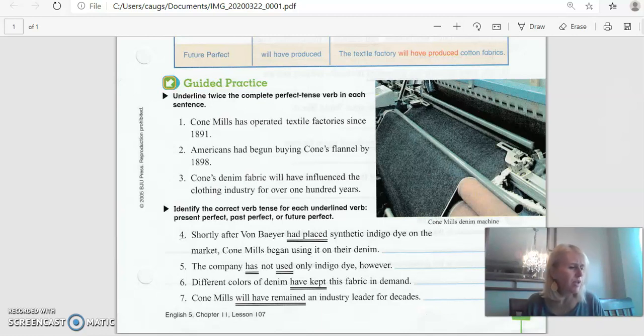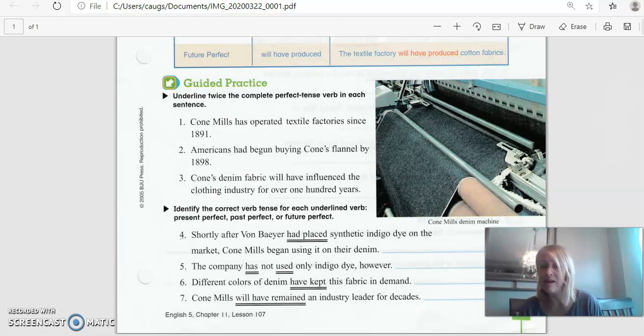So let's look at number 2. Number 2, Americans had begun buying Cone's flannel by 1898. What is the complete perfect tense verb right here? Remember, you're going to have to underline 2 things, and you're going to underline them 2 times. So what is the complete perfect tense verb right here?